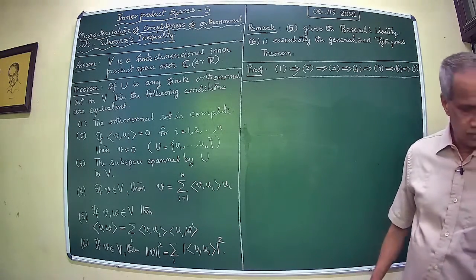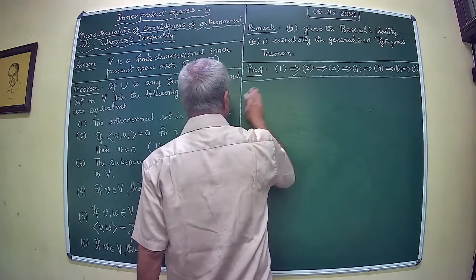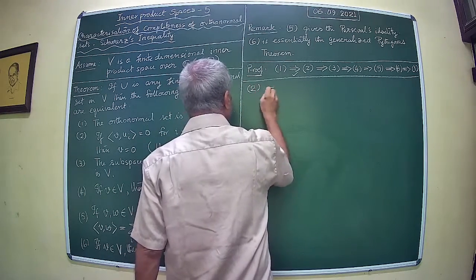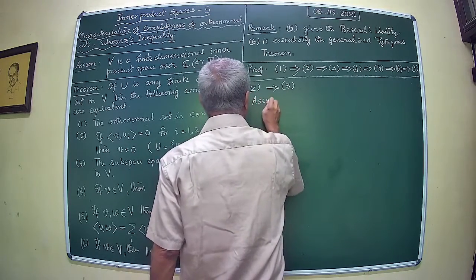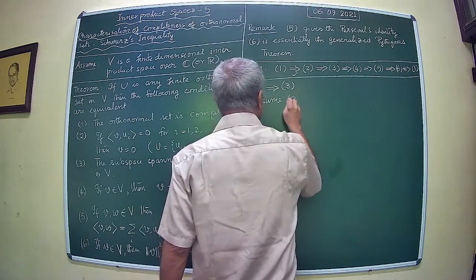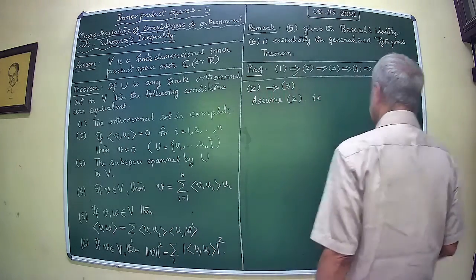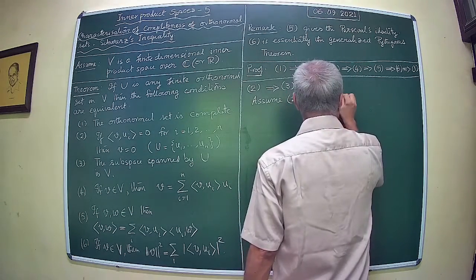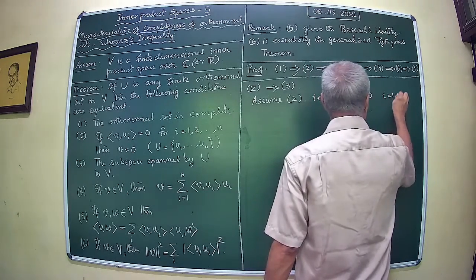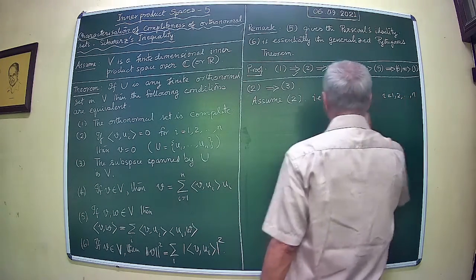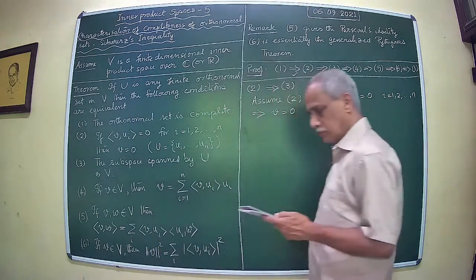Assume 2, prove this. That is, the inner product is equal to 0.